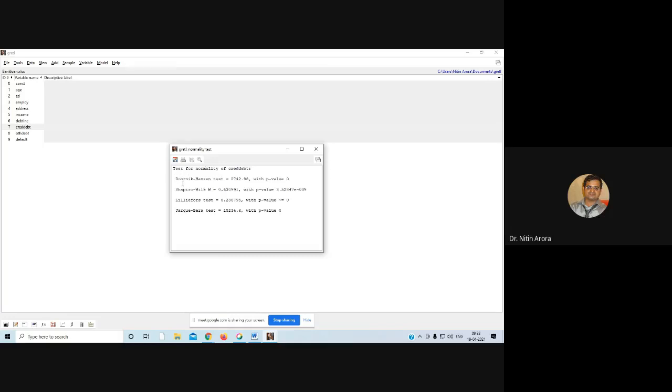Null is normality against the alternative of non-normality. You can see all these tests have a p-value less than 0.05, so they reject the null of normality, and the variable is non-normal in nature. Even the Jarque-Bera statistic tells us the variable is non-normal.